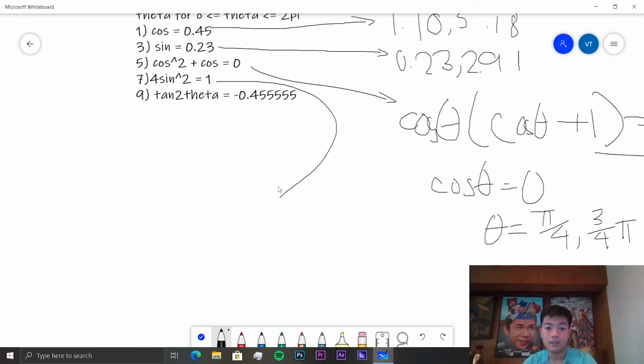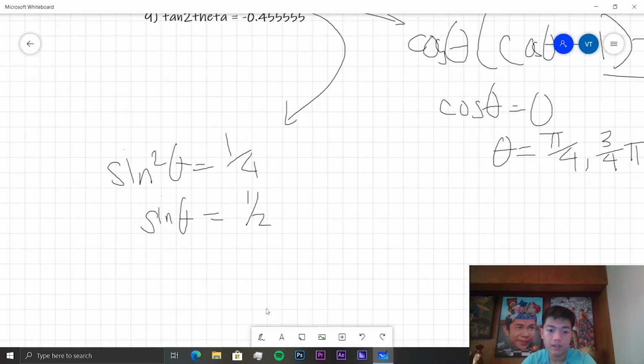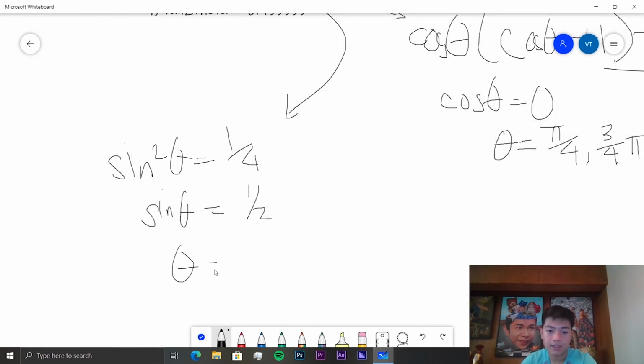Next, for 4 sine squared theta is equal to 1. So we have sine squared theta is equal to 1/4. So we have sine theta is equal to 1/2. So we know from this that theta will be equal to, for sine theta 1/2, pi over 6 or 5 pi over 6.